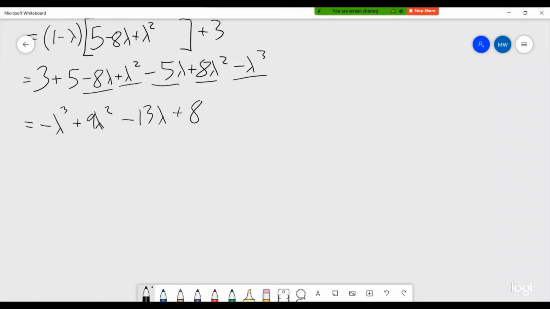Let's see, are there any nice ones? This is the problem with coming up with things on the fly. They might not always factor. Let's see, does 2 work? Negative 8 plus 36 minus 26 plus 8, that doesn't work. Negative 2, that'd be 8 plus 36 plus 26 plus 8, that definitely doesn't work.